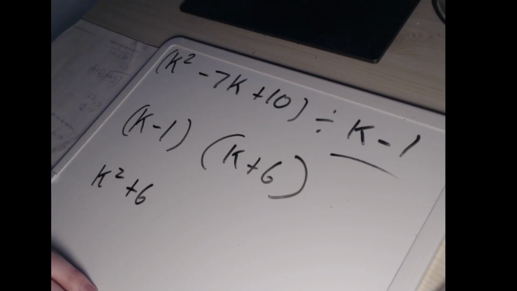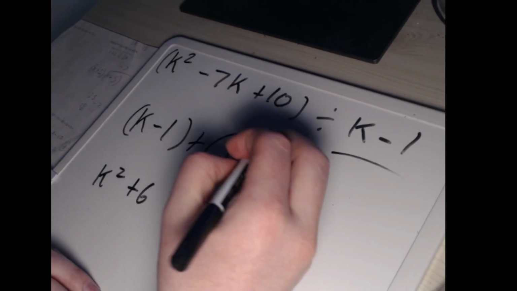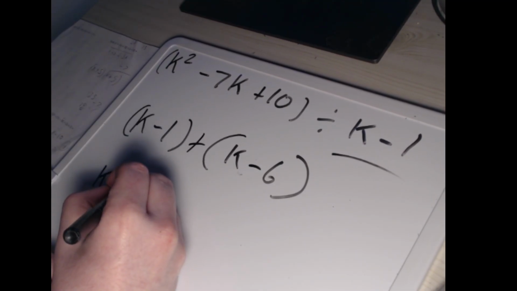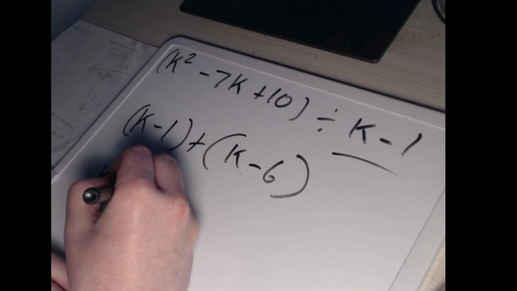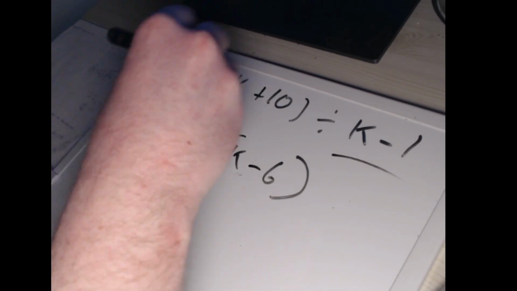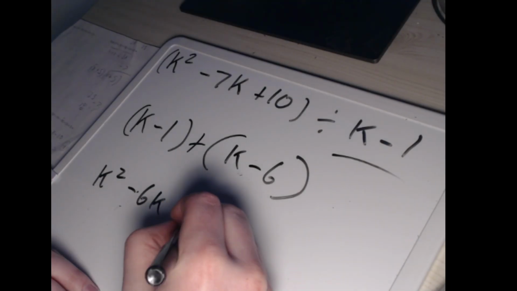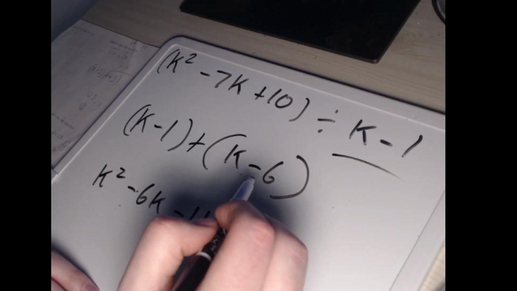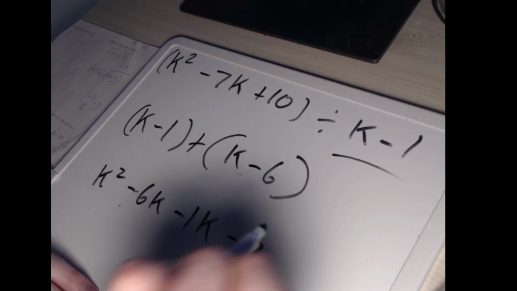What do you add to negative 1? It's going to be plusing, right? So it's negative 6? Negative 6k. Negative 1k. That together is going to be negative 7 then.